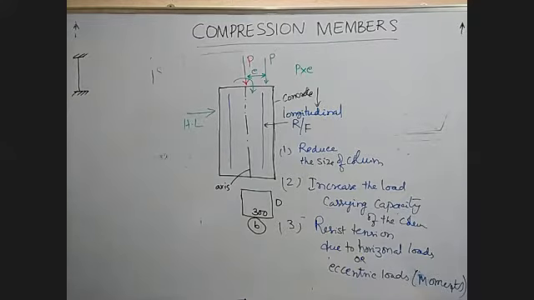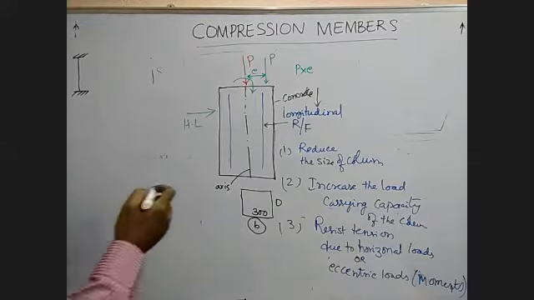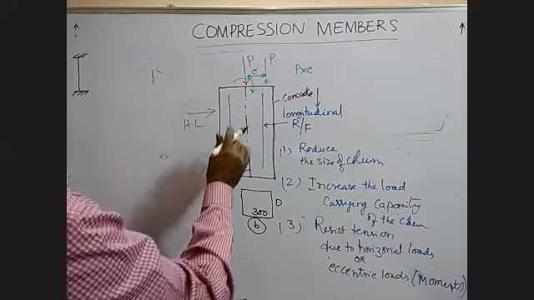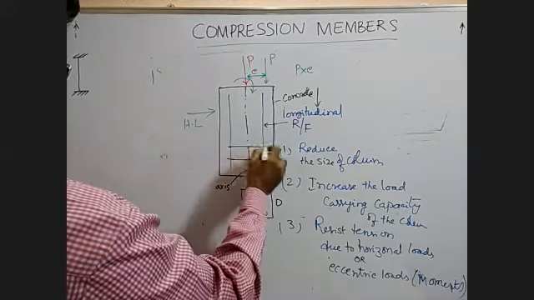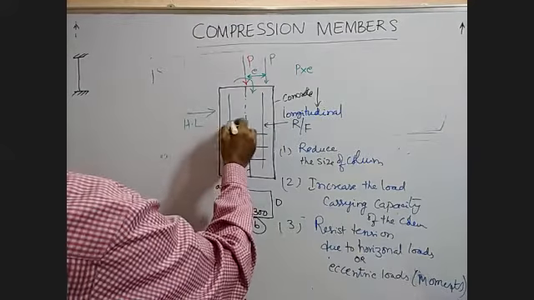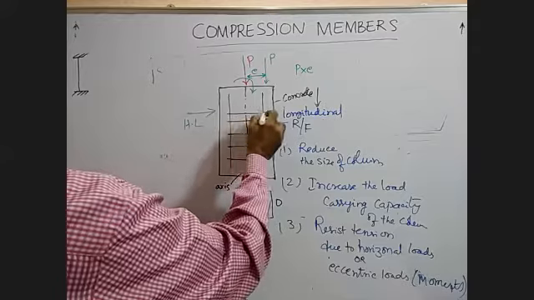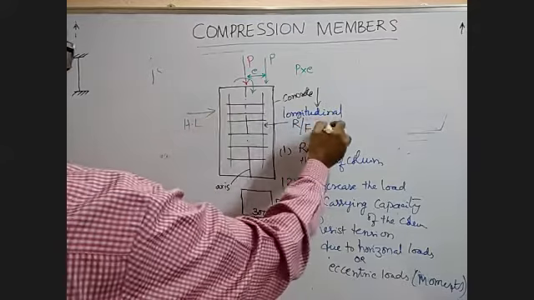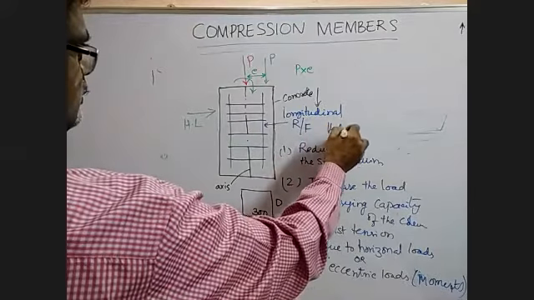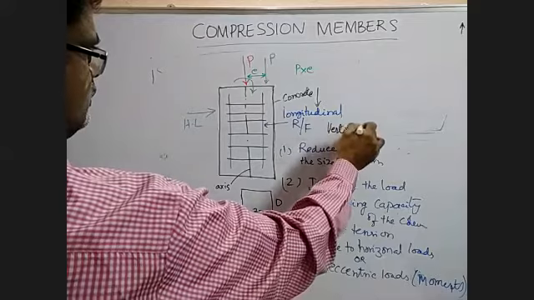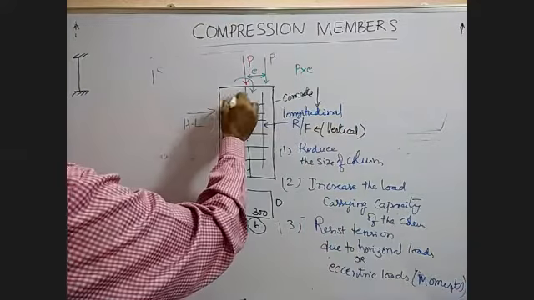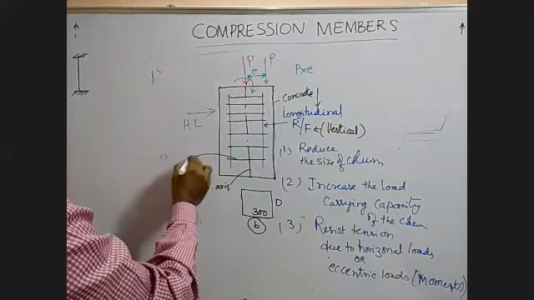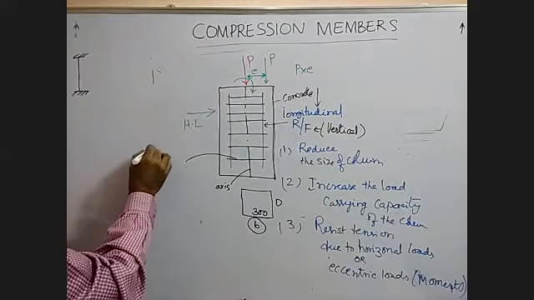Now, this is the longitudinal reinforcement, that is the vertical reinforcement, and you have the horizontal reinforcement. This we call transverse reinforcement.